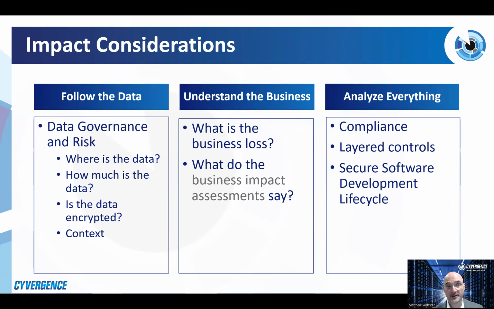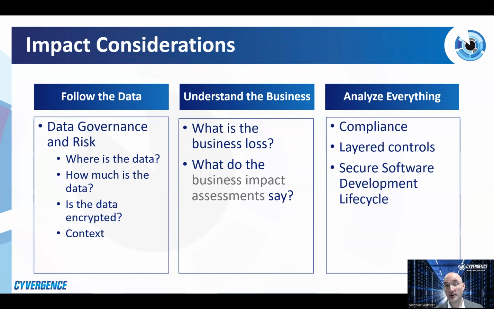Other impact considerations, when you're starting to get a little bit more granular than that really broad brushstroke of the worst case scenario, take a look at the data. What are your data governance practices? What are the risks that are related to that? Where is the data? How much data is it? Is the data encrypted? Provide some additional cybersecurity controls related to that. Say, what are the risks that you're taking into account?